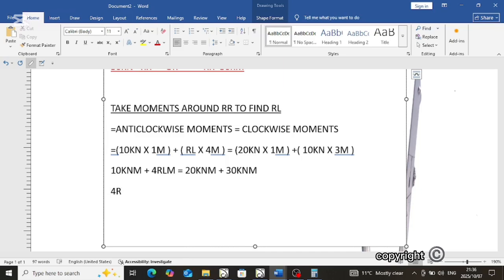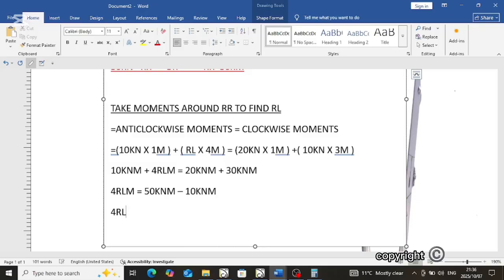Like this. Then we apply the subject of the formula so that we are left with RLM on the left hand side, and on the right hand side we can simply add 20 kilonewton plus 30 so that we get 50.